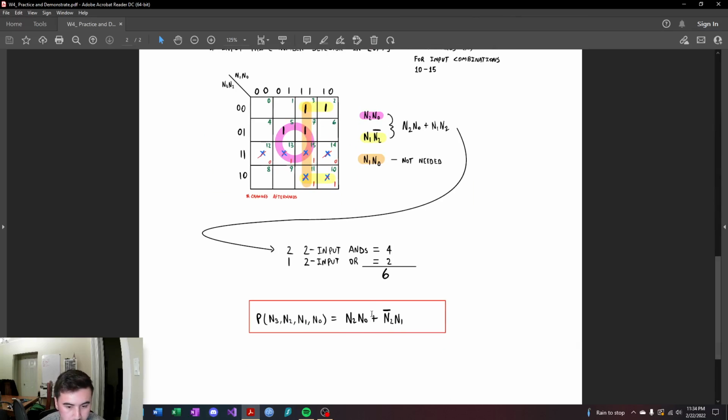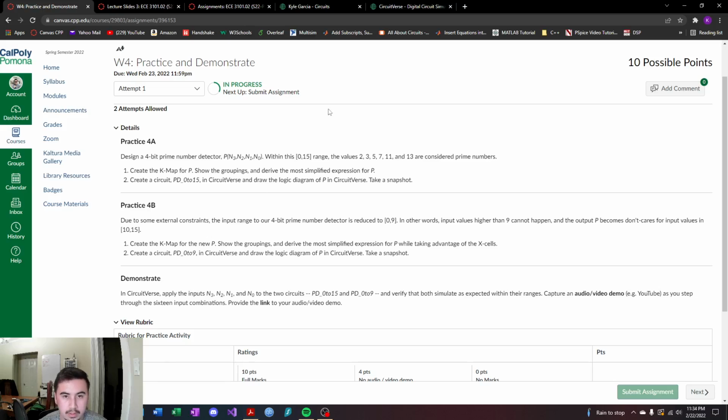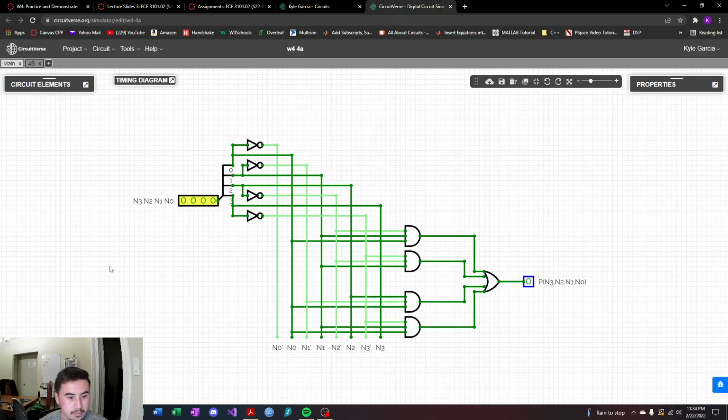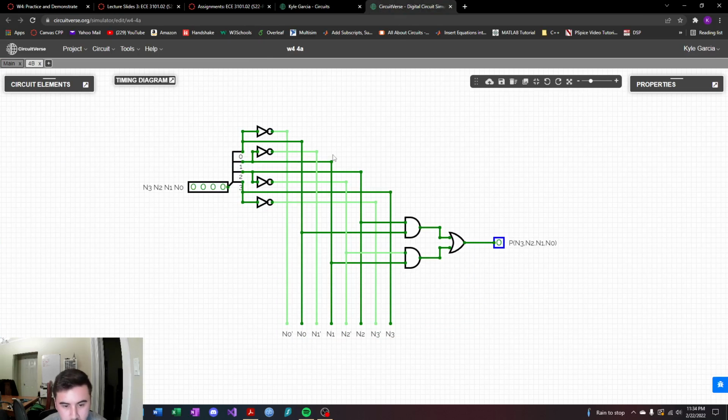So let's go ahead and look at our diagram. Remember, N2, N0, N2 not, N1. Over here it's the same setup, just different gates on the right. So N2, N0, that's correct.